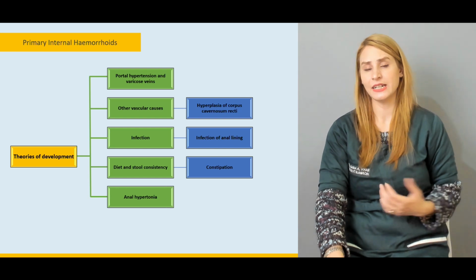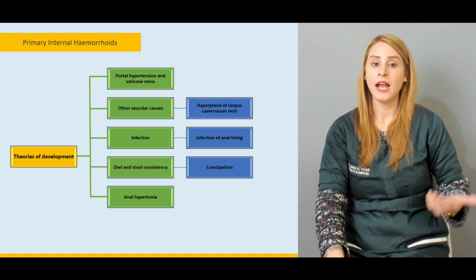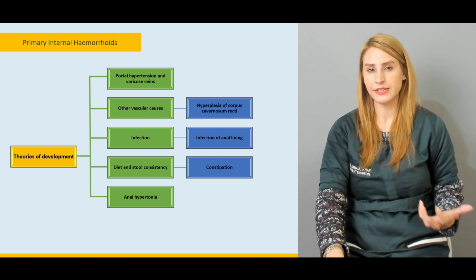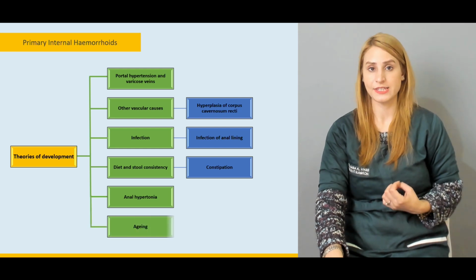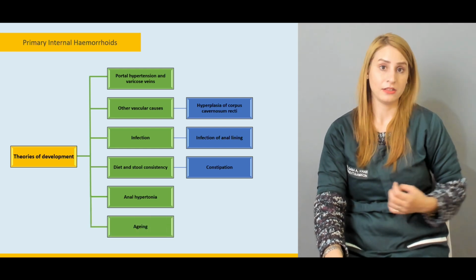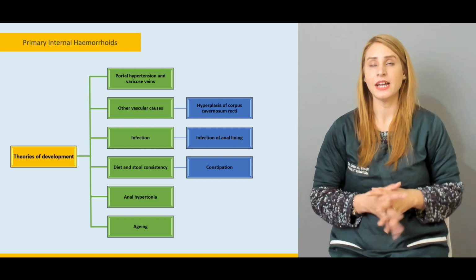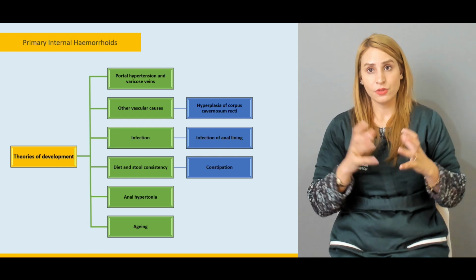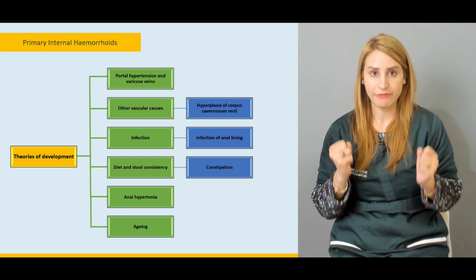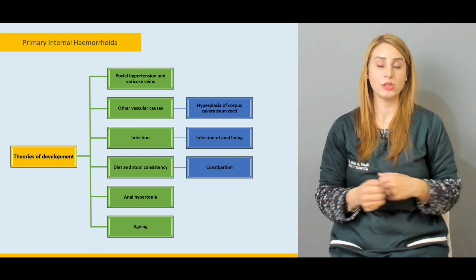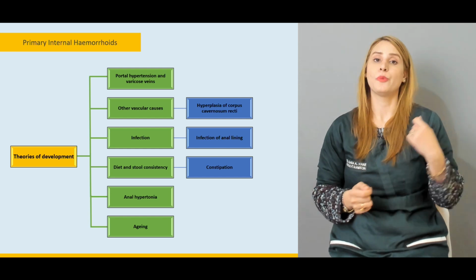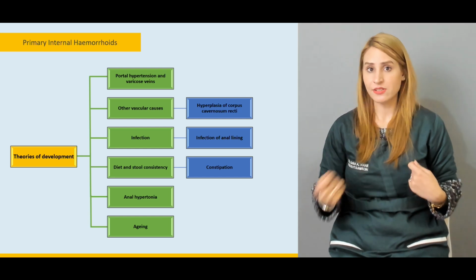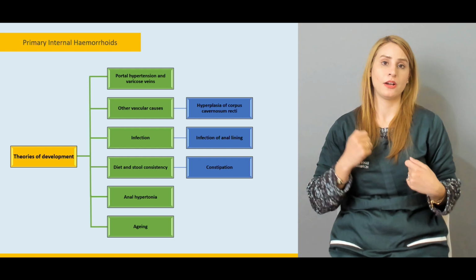Another important cause that can be a theory in the development of primary internal hemorrhoids is primary anal hypertonia, or there can be aging. Why is aging important? Because collagen is responsible for giving elasticity.